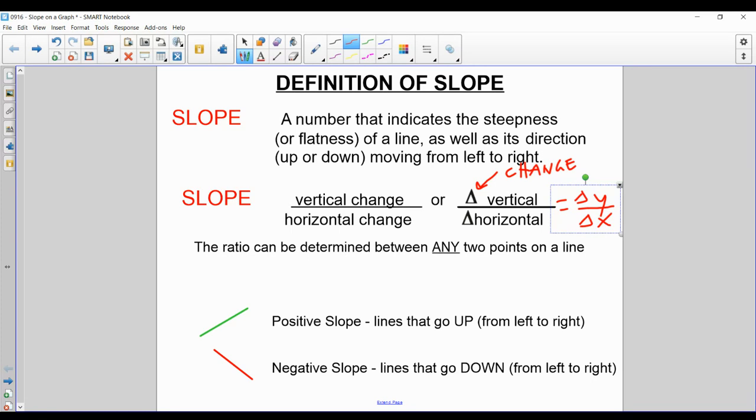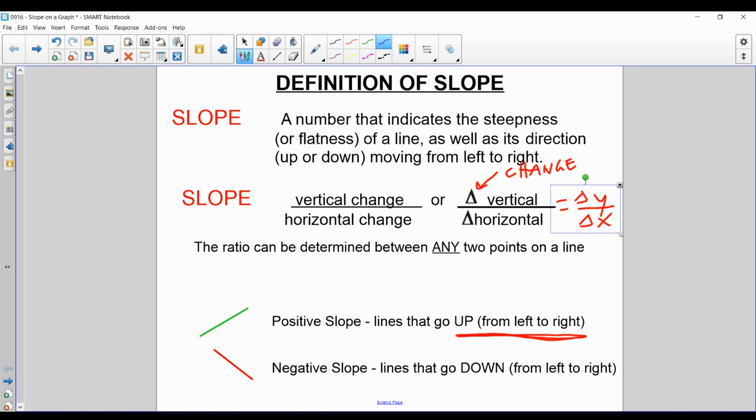The change in vertical tells us if it is going up or down, and that comes from knowing if it's positive or negative. A line with positive slope is a line that goes up from left to right.